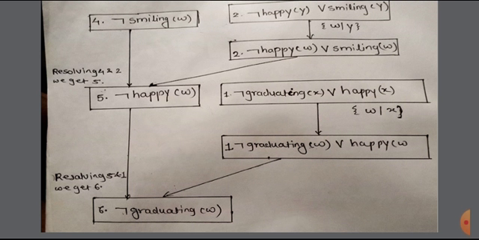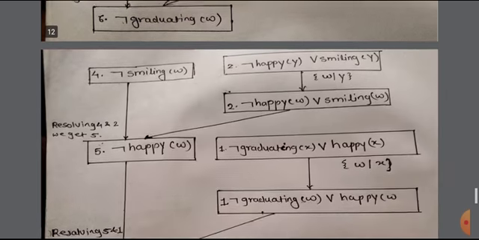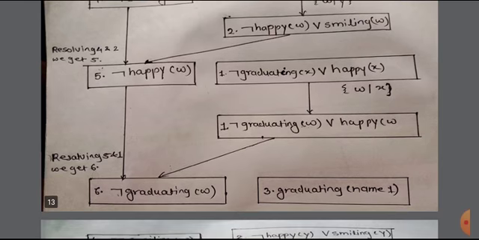Now to resolve clause number 6, we try to find the clause which is the complement of it. We have clause number 3, which is graduating of name 1. Clause number 6 has negation of graduating of W, and clause number 3 has graduating of name 1.